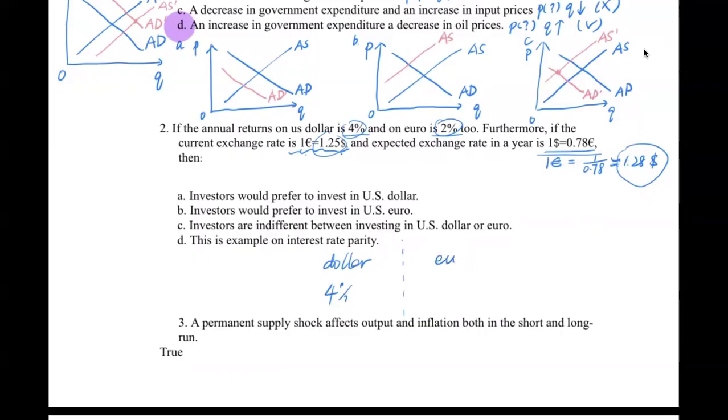And for euro, it's 2 plus, remember the equation, the expected subtract the current, divided by the current. And this answer would be something like that. So for dollar, the return is 4%, and for euro, it would be 4.2%. So now you know what is the correct answer. It's B, right?